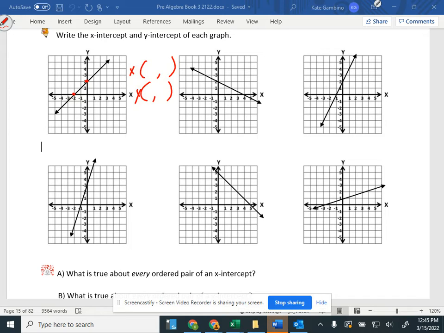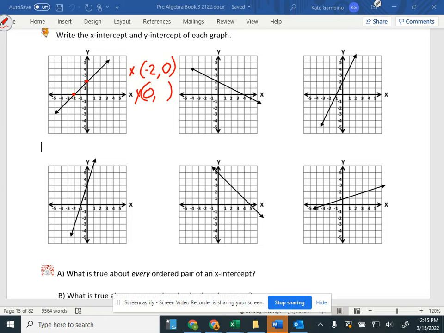Sam? It would be -2, 0. -2 is on our X-axis. That's where it crosses. And then Y has to be a 0. So when I do my Y-intercept, what does the X have to be? A 0. And Paul, what would the Y-intercept be? 2.